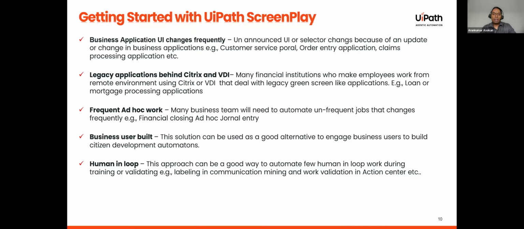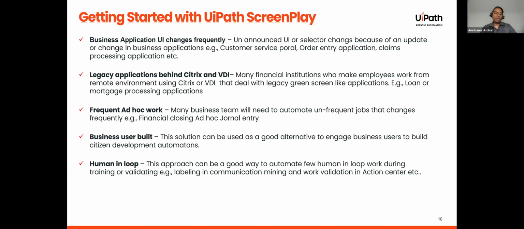If you are familiar with automation, of course, we are automating on business applications, right? So pick the business applications where we have a lot of UI changes, selector changes, and it's very brittle and changes frequently. We don't have to look very deep.